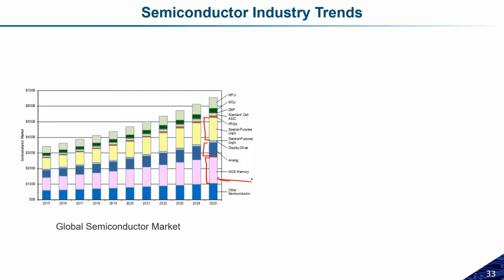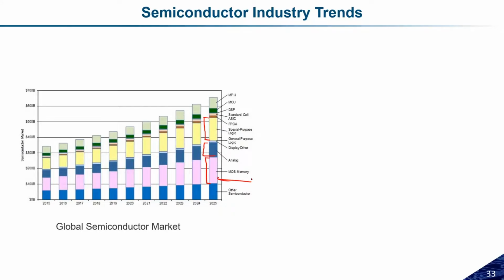One more key term you should know, coming in the near future, is in-memory computing. What does it mean? Previously we had a processor to process whatever data you have, and after processing, you needed a memory element to store the data.